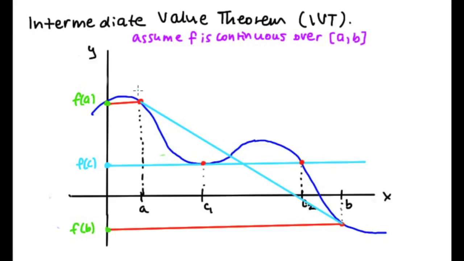So that's basically what the IVT is saying. I'm probably over-explaining it, so I'll just give you the formal definition now. Although I think this graphical visual way is a lot better to help you get it, I guess.